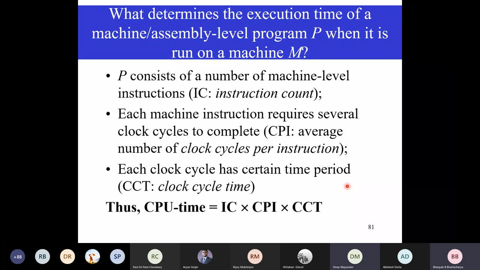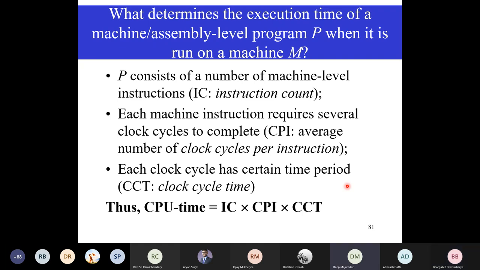So in general, the CPI refers not to a particular program, but to the average number of clock cycles per instruction. But for a given program, you can also think of some CPI. There are some examples which we will work out later. You will see that with respect to a particular program, you can also have a certain value of CPI depending on how the instructions have been distributed in the code, right?